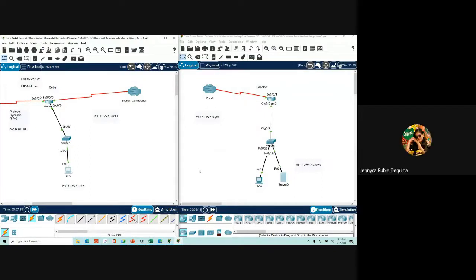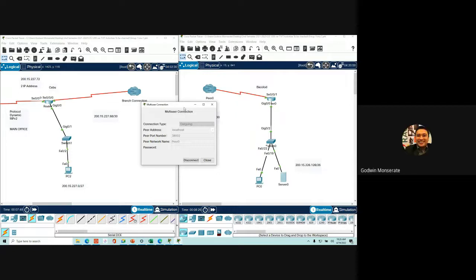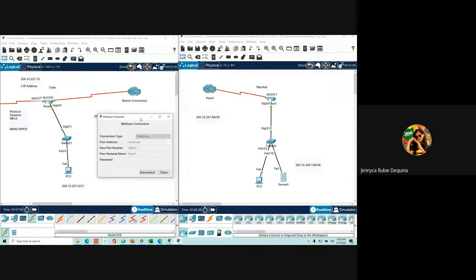Sir, excuse me, sir. Yes. Regarding atong i-connect nimo sir katong outgoing sir ba? Kay ang ibutang na power katong remote thing sir kay ang PCAS like sa Bacolod. The peer port number. So meaning nag-peer ka. This is your peer, right? Okay sir. This is your peer, right?